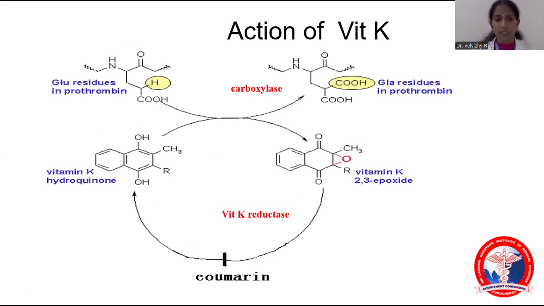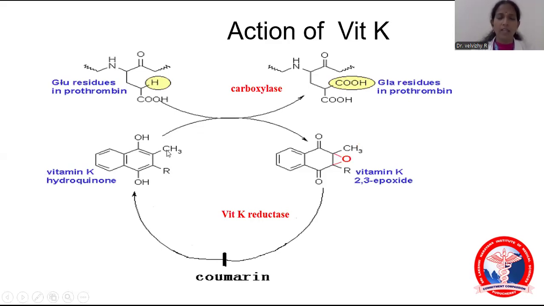So this is the mechanism of action of vitamin K. Vitamin K is needed for the carboxylation of factors 2, 7, 9, and 10. This carboxylation occurs with the help of vitamin K in the reduced form.